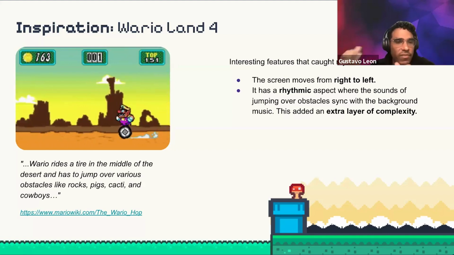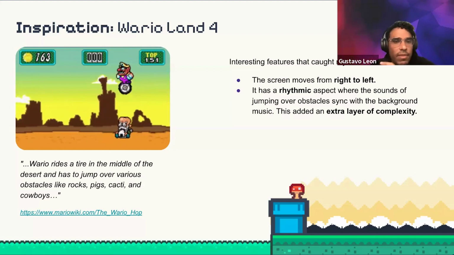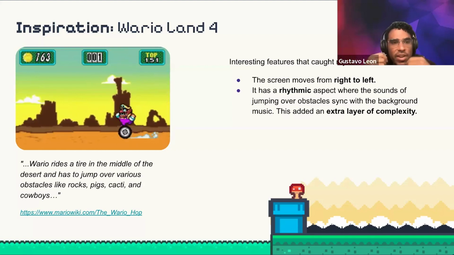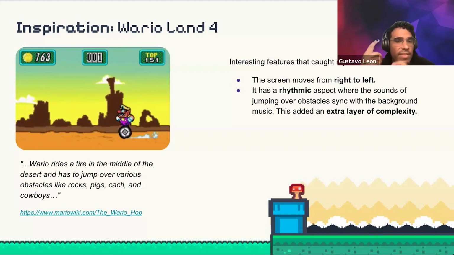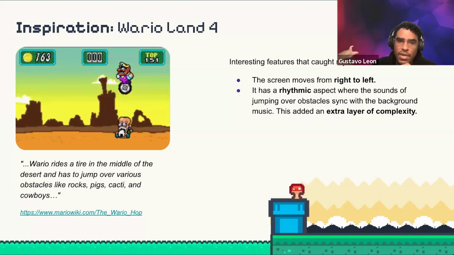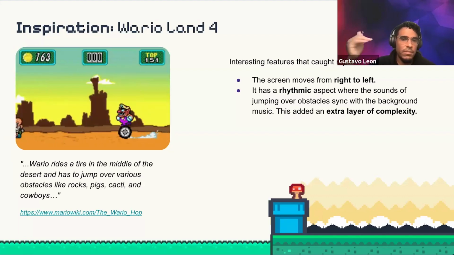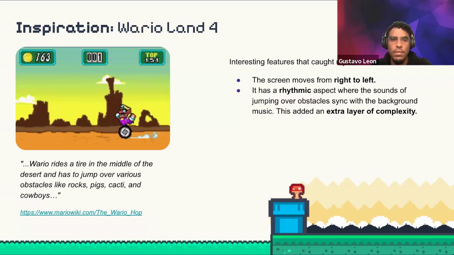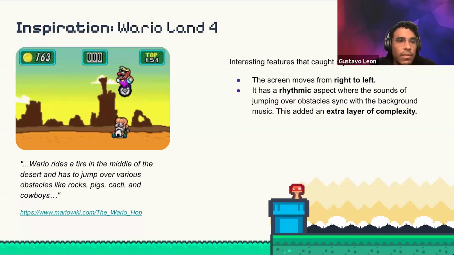Each successful jump you make on the game makes a sound, a really silly sound, but it's in sync with the background music you hear. The game also speeds up, and after jumping over certain amounts of obstacles, the speed increases, and obviously the difficulty increases for that.